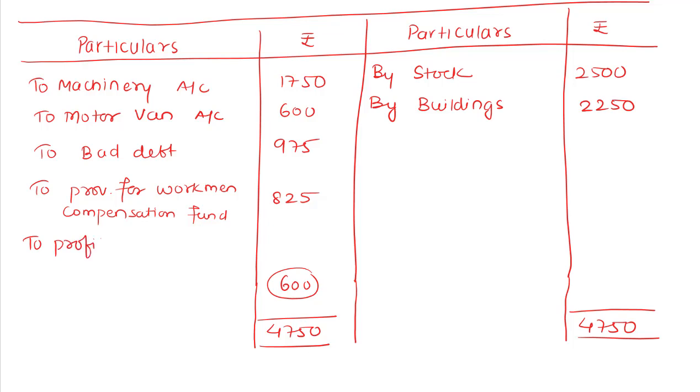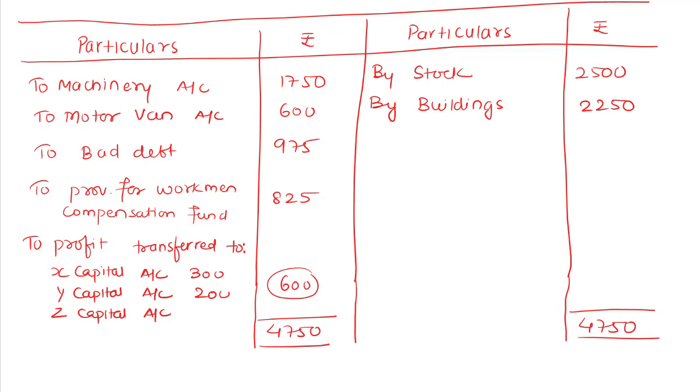To profit transferred to X capital account, Y capital account, Z capital account in the old profit sharing ratio, that is 3:2:1, 300, 200, 100. I believe it is clear.